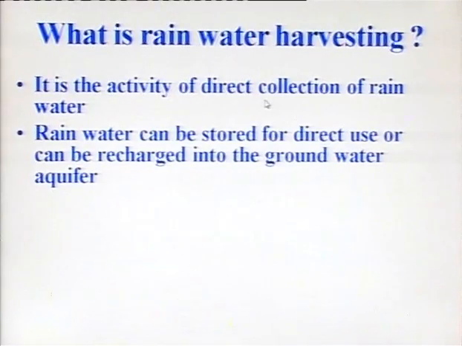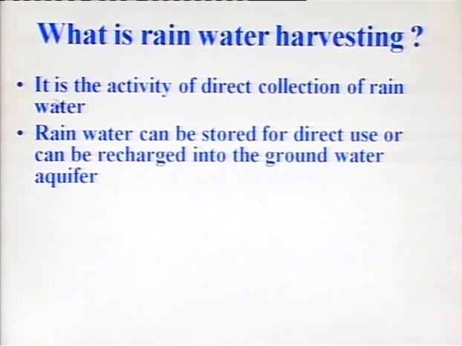Secondly, rainwater can be stored for direct use or can be recharged into the groundwater aquifer. So these are the two definitions of rainwater harvesting.